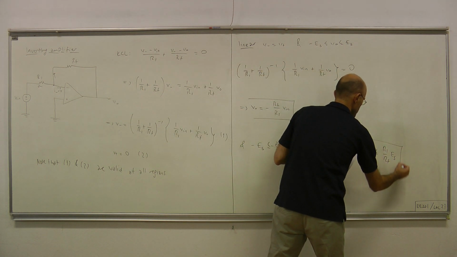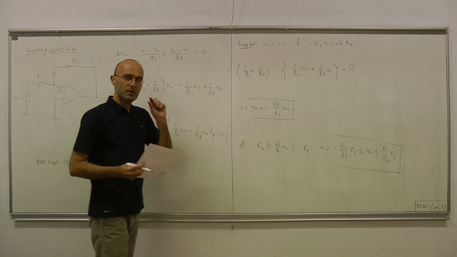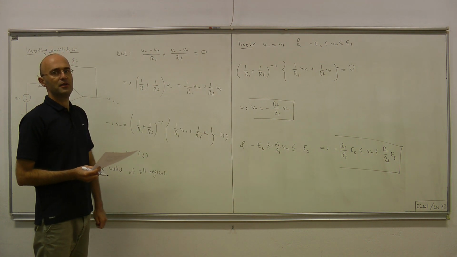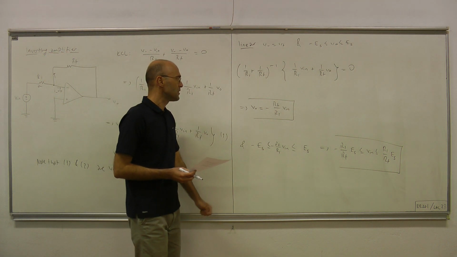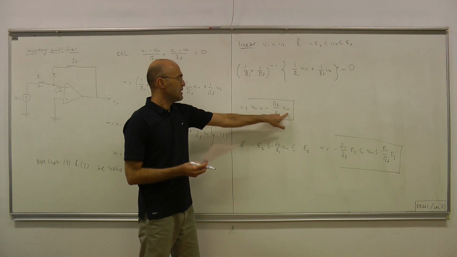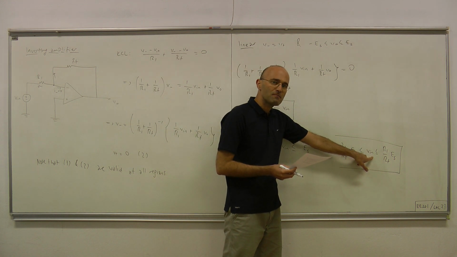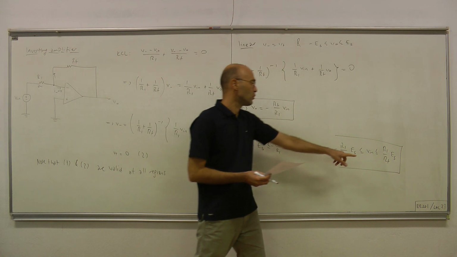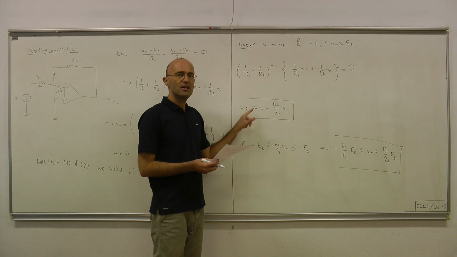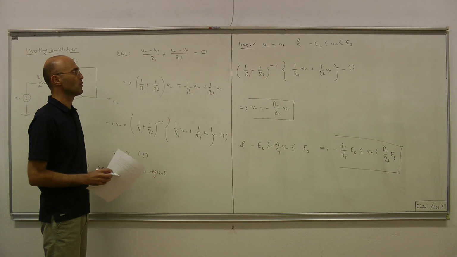Okay. And with this, our part of the analysis corresponding to the linear region is complete. What we have figured out is the relation between input and output voltages and the condition in terms of input voltage under which that relation is valid. Okay, so the analysis for the linear region is complete.